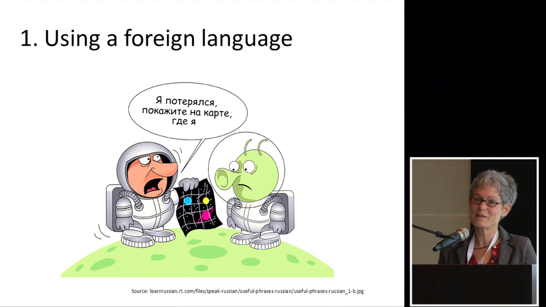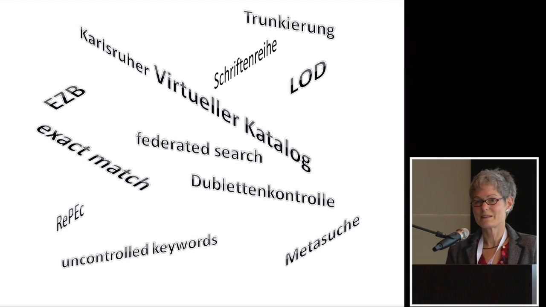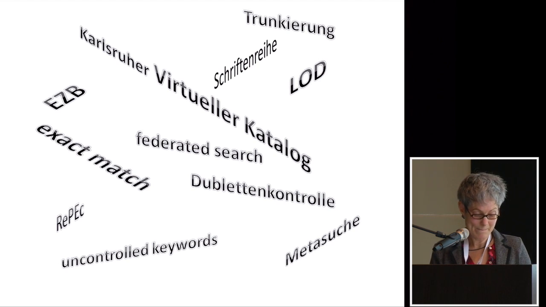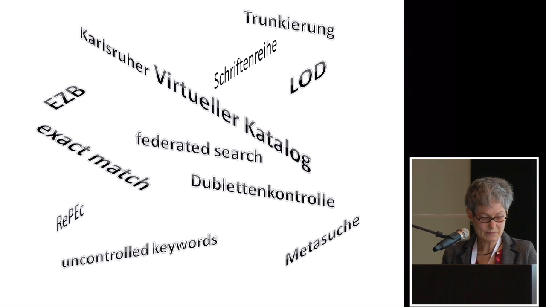Here's some specimen of terms that library customers are confronted with. Do you know all of them? Librarians do. So librarians still expect it to be the other way around.